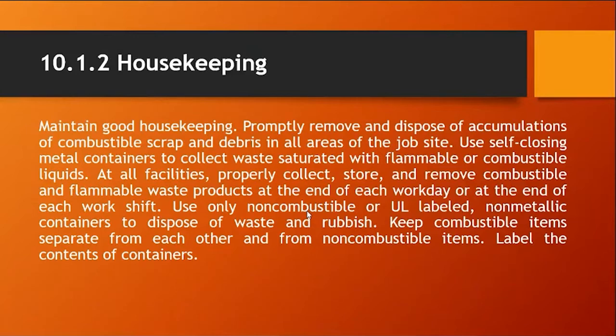At all facilities, properly collect, store, and remove combustible and flammable waste products at the end of each workday or at the end of each work shift. Use only non-combustible or UL-labeled non-metallic containers to dispose of waste and rubbish. Keep combustible items separate from each other and from non-combustible items. Label the contents of the container.